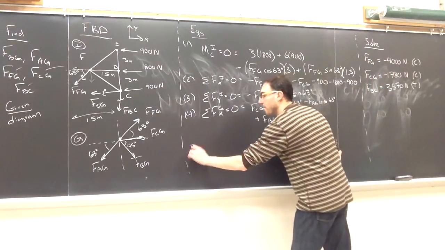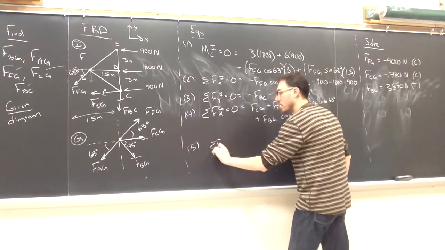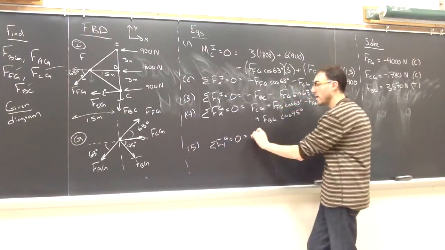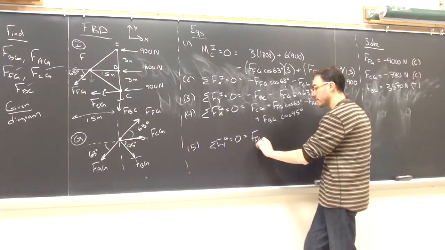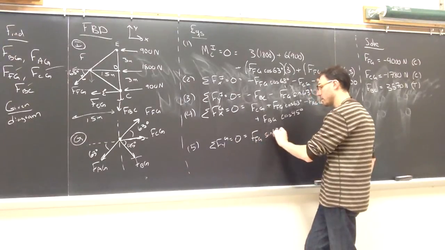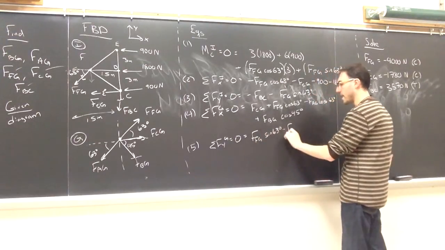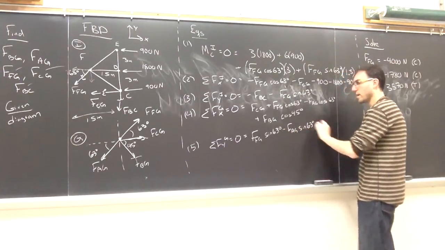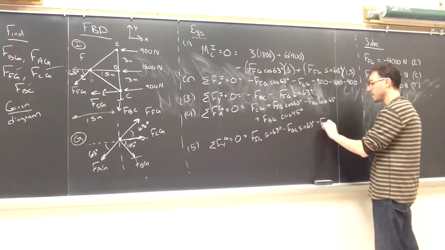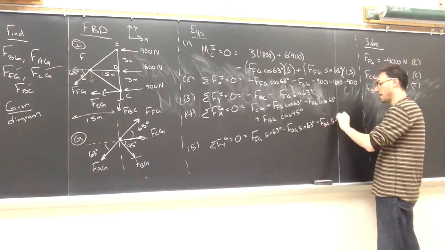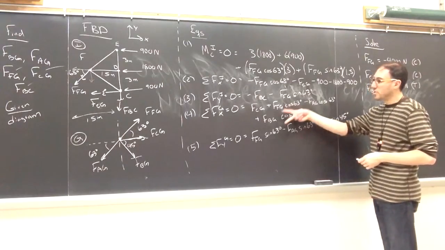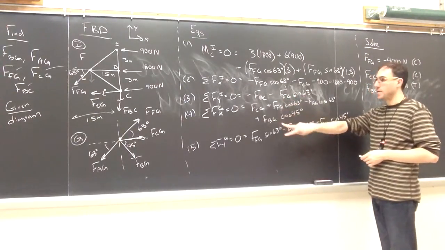If I go then to the final equation, the y direction for picture G, I will have FFG sine 63 minus the AG sine 63 and minus the BG, and that'll be sine 45 for that one. 2 equations, each with both of my unknowns in them.